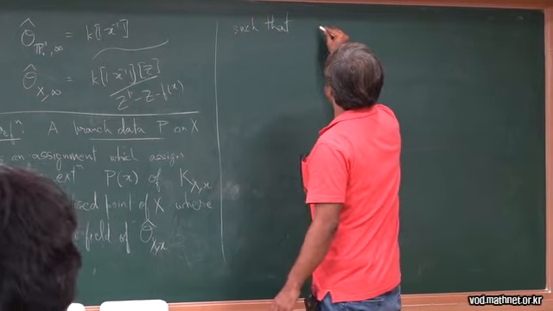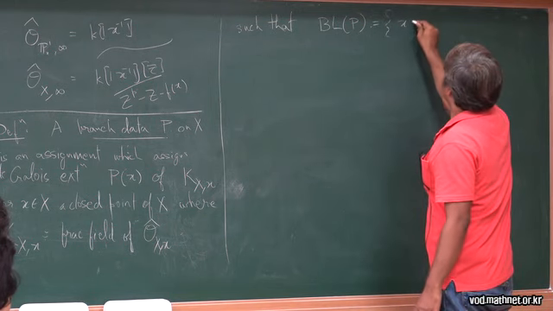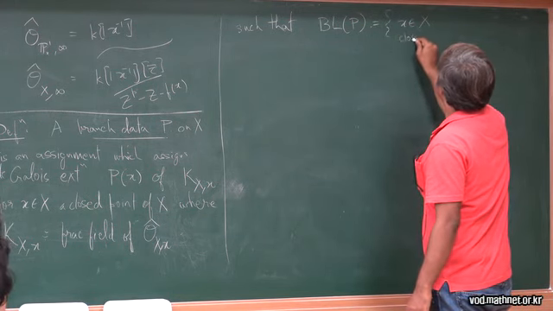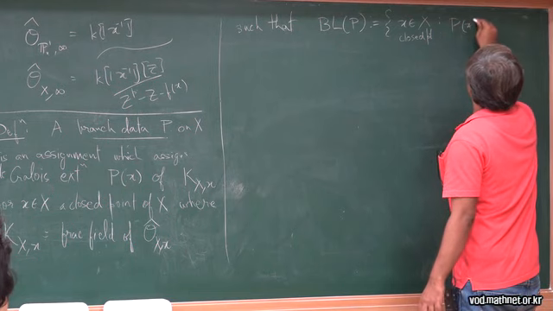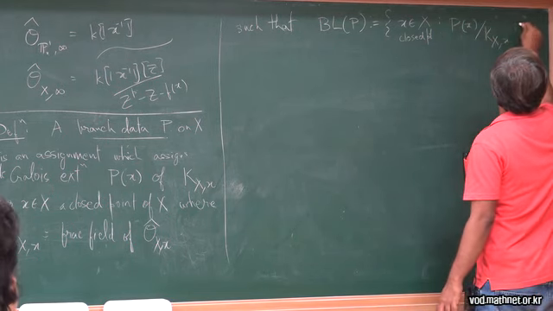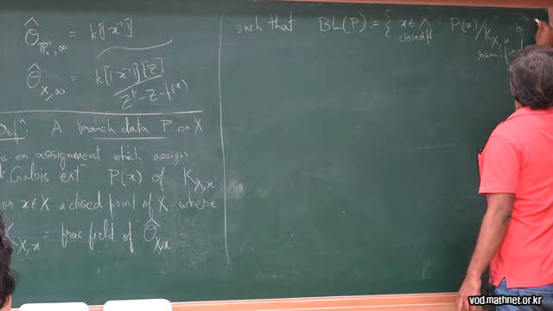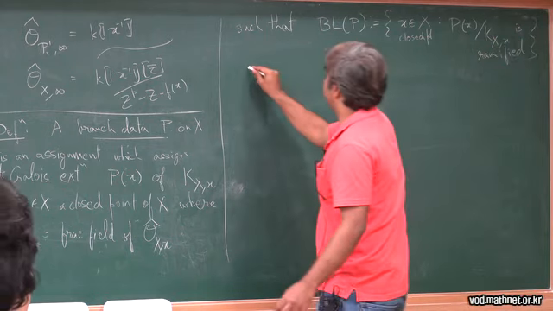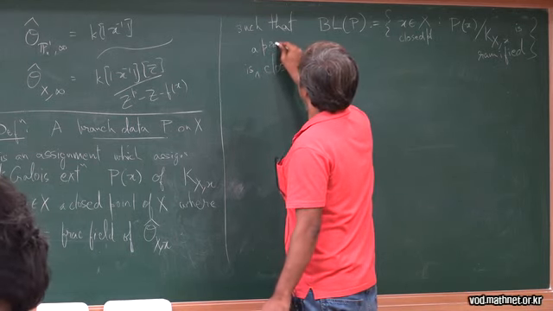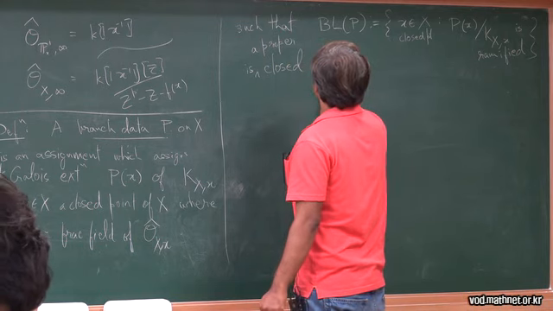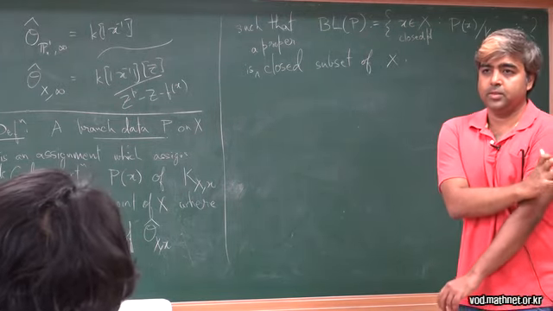Such that the branch locus of P, which is defined to be the set of x in X, closed points, such that P_x over K_x is ramified, is a proper closed subset of X. So it should be at least codimension 1.